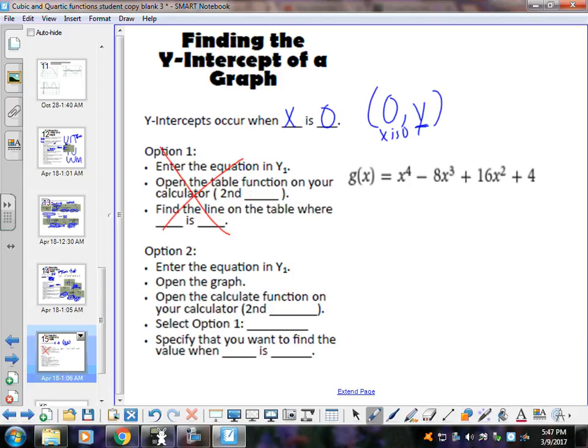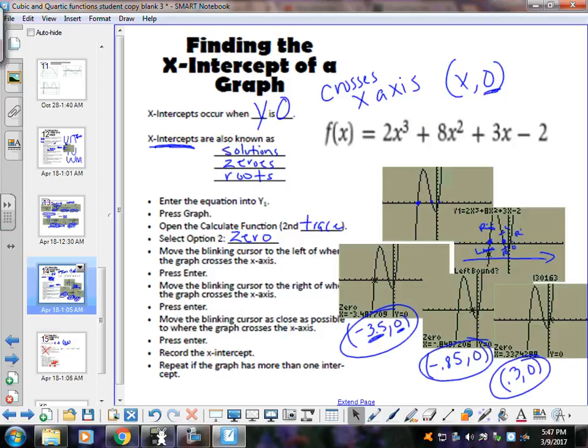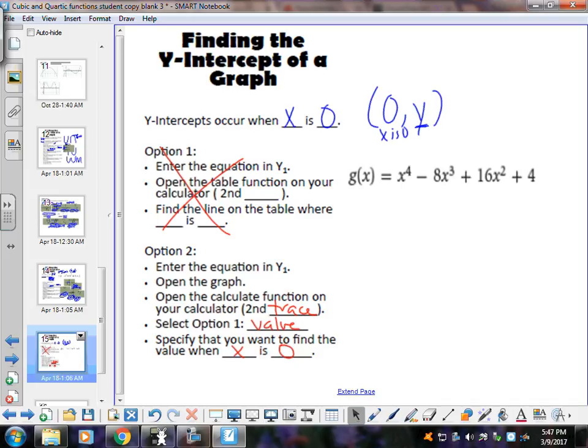We're going to do option 2. Second trace. Option 1 is value. And x is 0. Sorry about that, about the y and x 0. I didn't even realize I did it till I got over here, and I thought, I don't think I wrote that right on the other one. So make sure you go back to your x-intercept one and fix that: y is 0. Okay, x is 0. We're going to plug in this function.